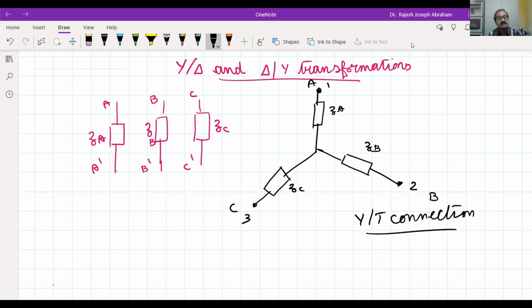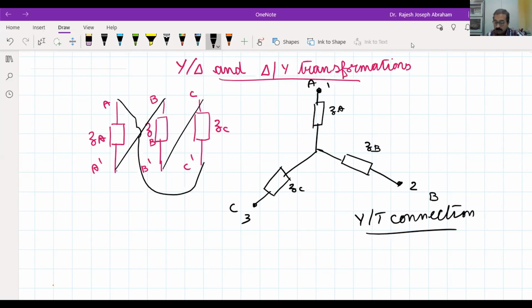Now, what is the alternate way of joining these impedances? Is there any other way? Yes, these impedances can be connected in such a way that points A dash to B, B dash to C, and C dash to A are joined in a loop form. What do you mean by loop? Loop means a closed path.